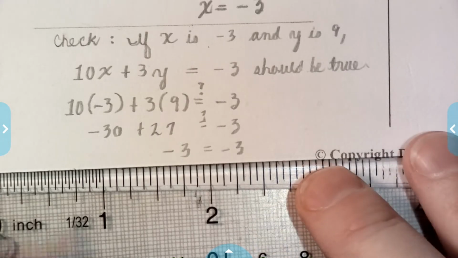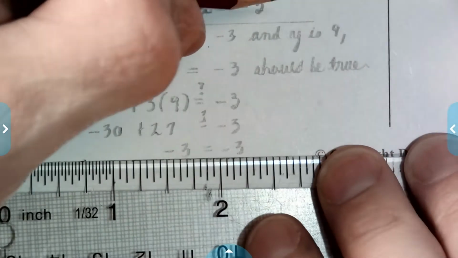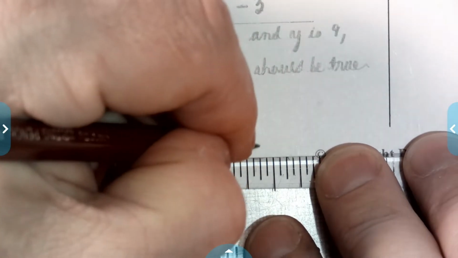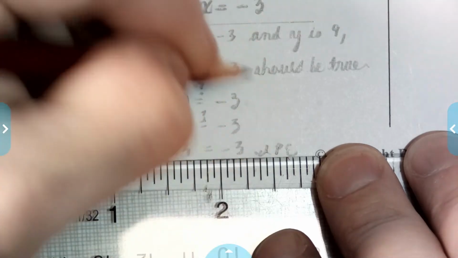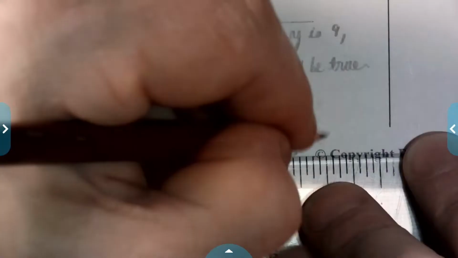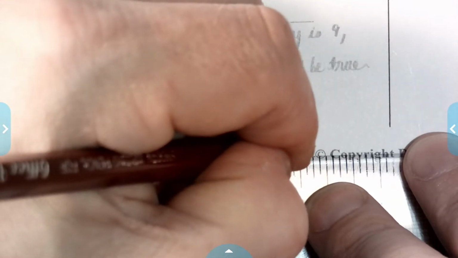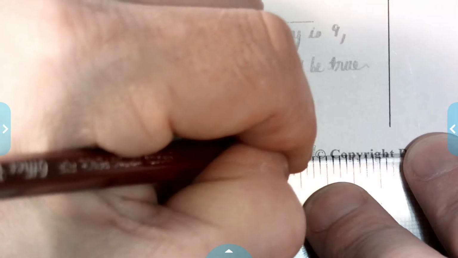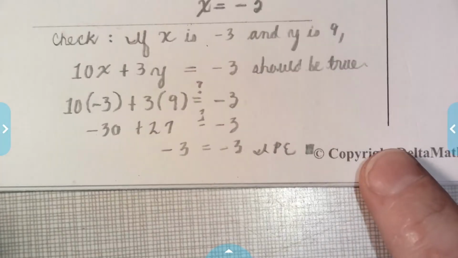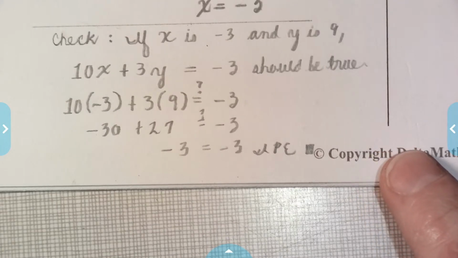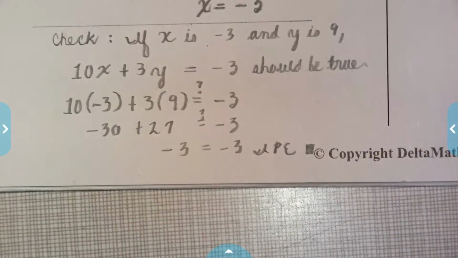IPE, the identity property of equality. So we can say by IPE, this is true, and we've proven it. Okay, so we can put this black square. Okay, so you checked your work. That's how you check your work without having access to a graphing calculator or computer program.